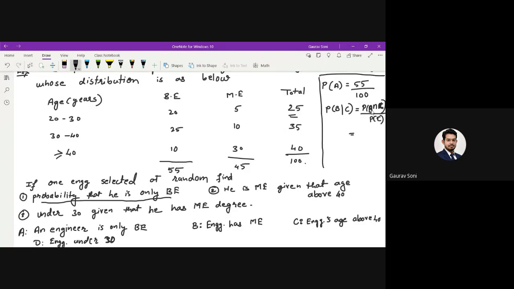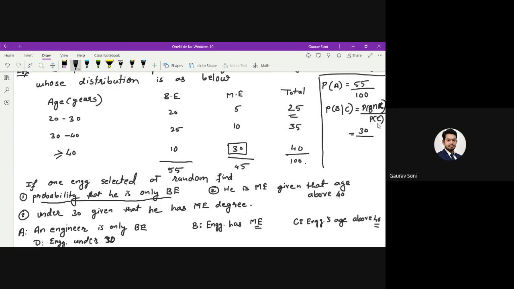The numerator is B intersection C: he is an ME as well as above 40. So how many are there? There are 30 whose age is above 40 and who are holding the ME degree. So the numerator is 30 upon the total of 100, and I will cancel it out with the denominator.